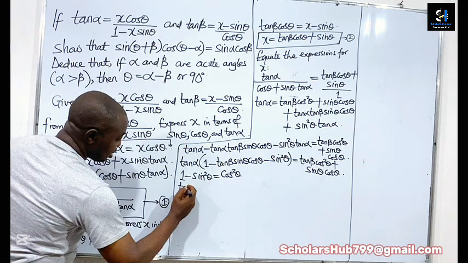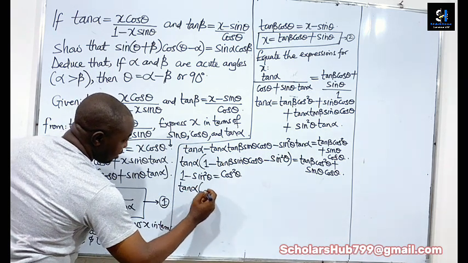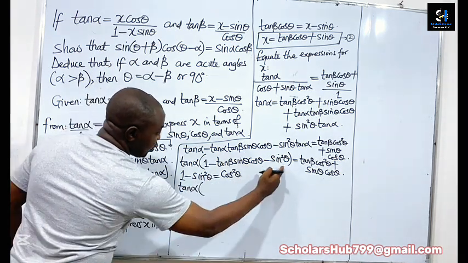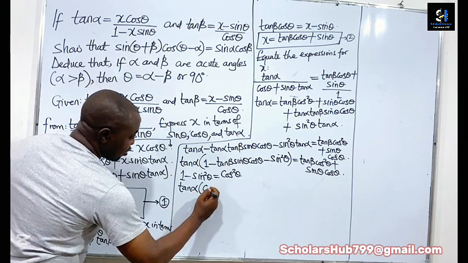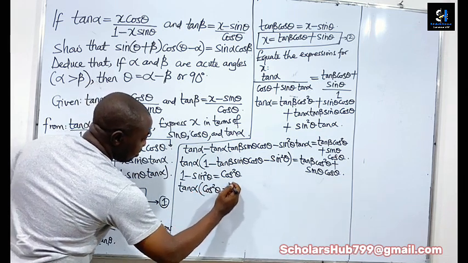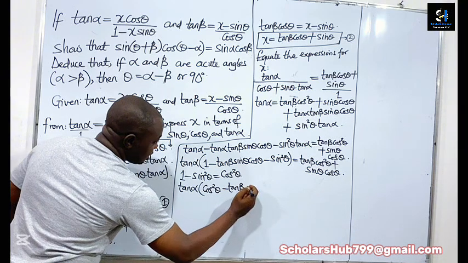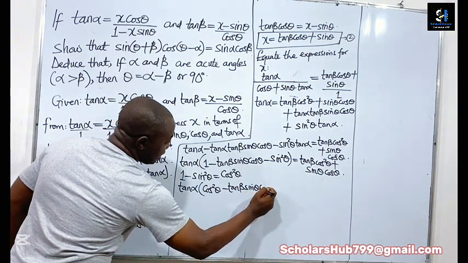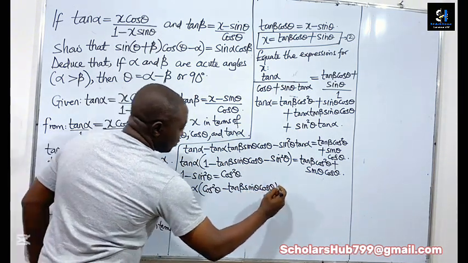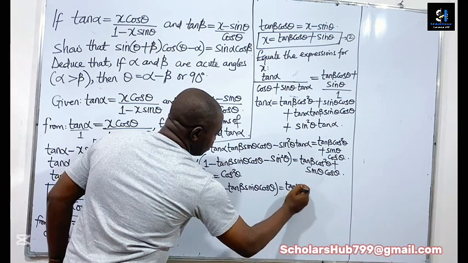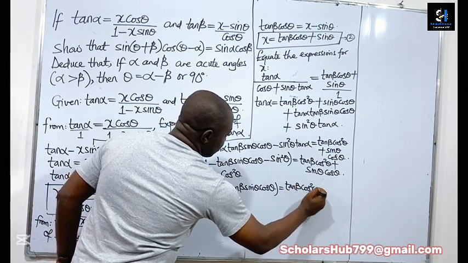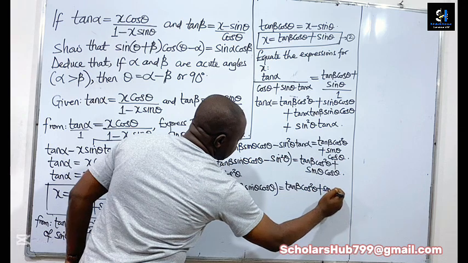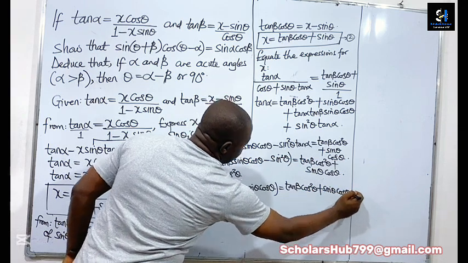So which means that on the left hand side will be tan alpha parenthesis, cos squared theta minus tan beta sin theta cos theta, and that will be equals to tan beta cos squared theta plus sin theta cos theta.